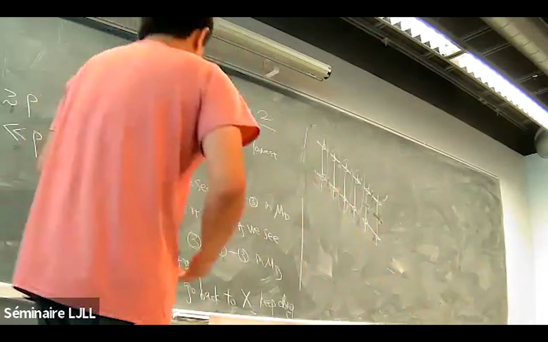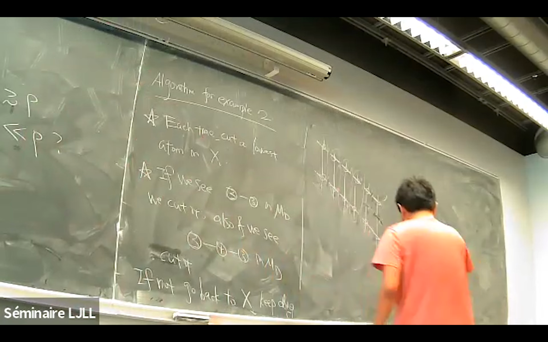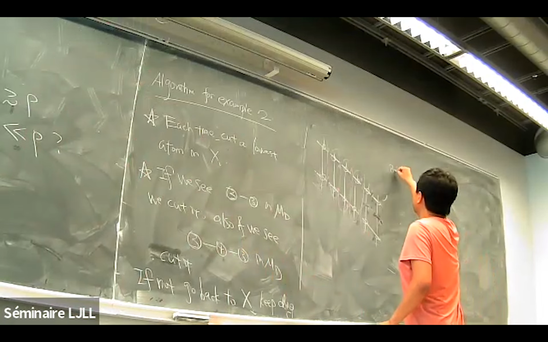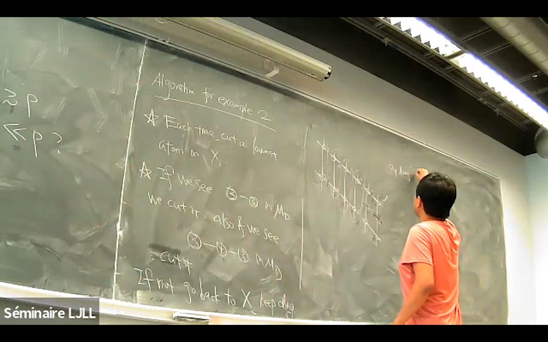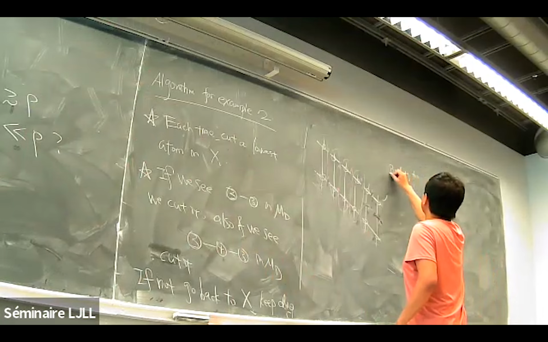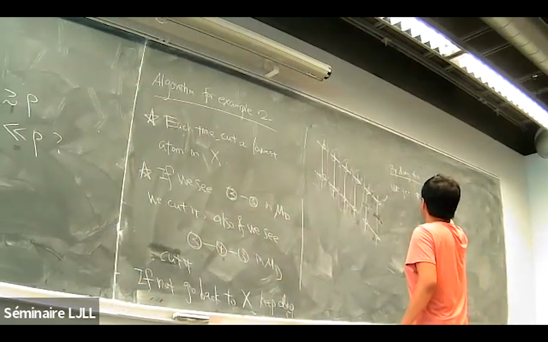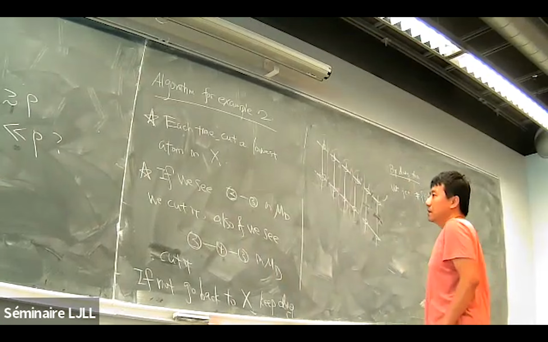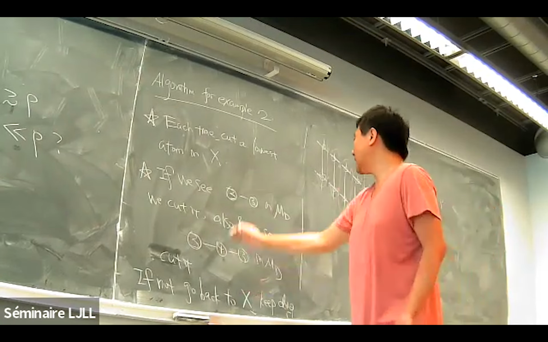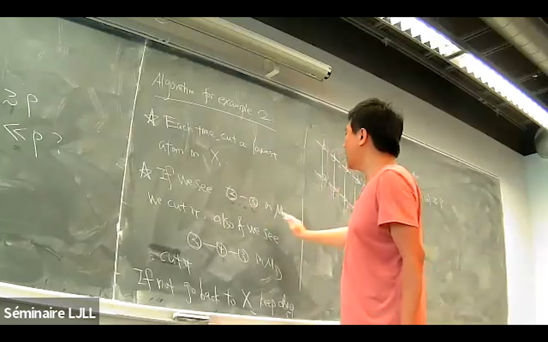So let me make one final remark, that by doing this, actually, we get a number of good components bigger than or equal to rho. Essentially, it's because of the greedy algorithm. Whenever we see anything in ND at all, we remove it.